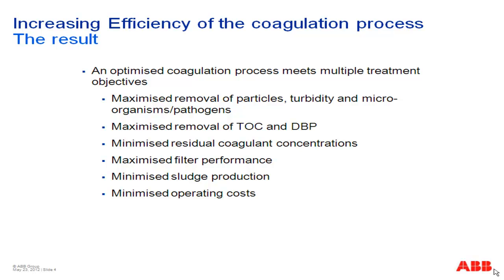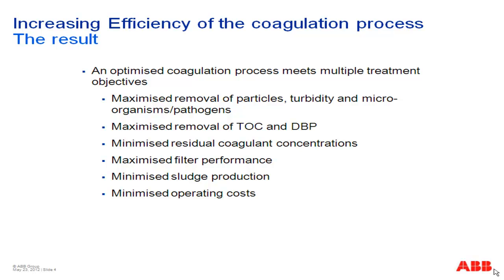Filter performance is something I will come on to, but again, huge savings we've seen where we've been able to optimize and automatically control the coagulation process. If we are able to present good, consistent quality water to filters for an extended period of time, you can get a much better runtime out of your filters. The industry standard is head loss, turbidity, or 24 hours, which comes first before they go into a backwash.